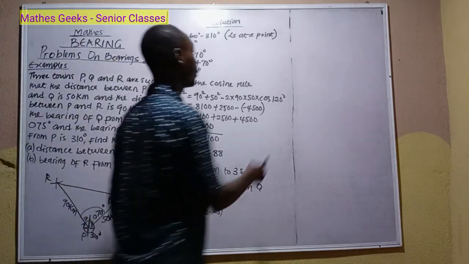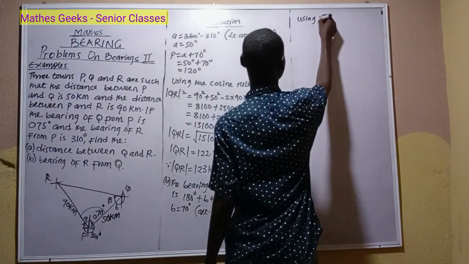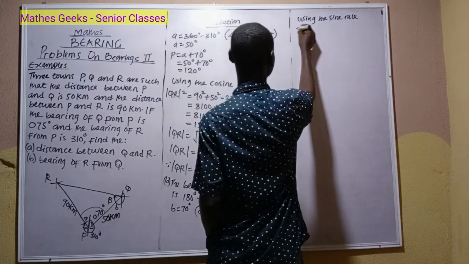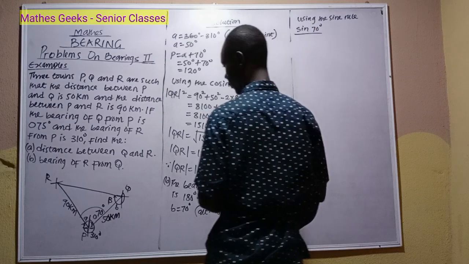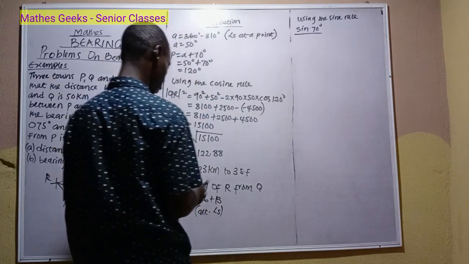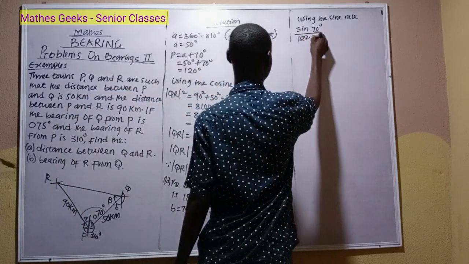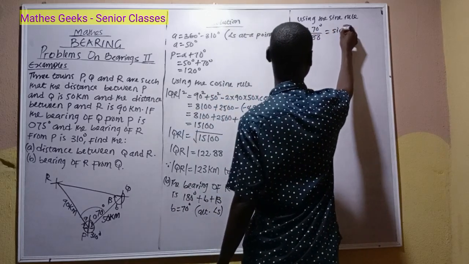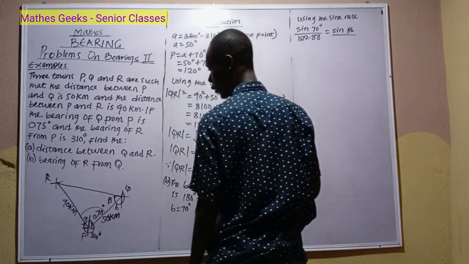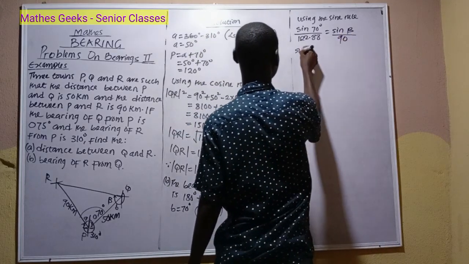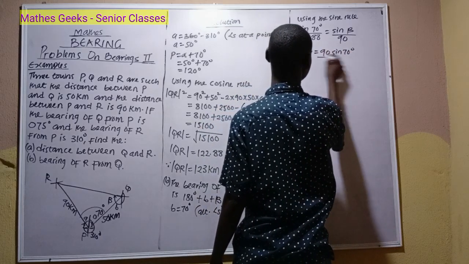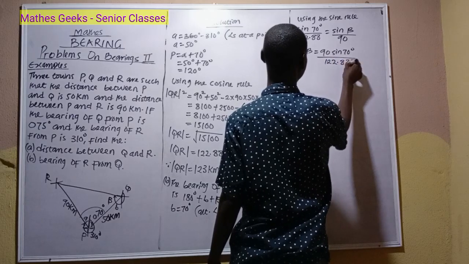Using the sine rule, sine 70 degrees over QR, which is 122.88, equal to sine beta over 90. So sine beta is equal to 90 sine 70 degrees over 122.88.